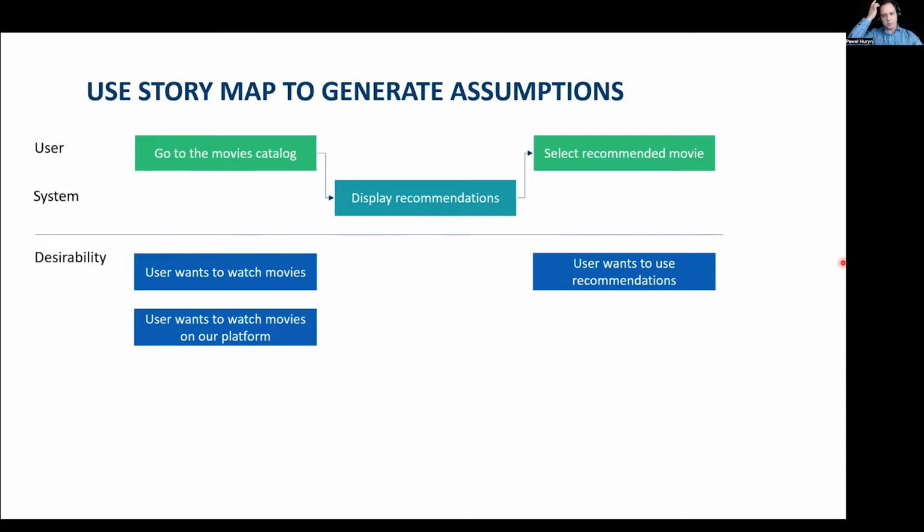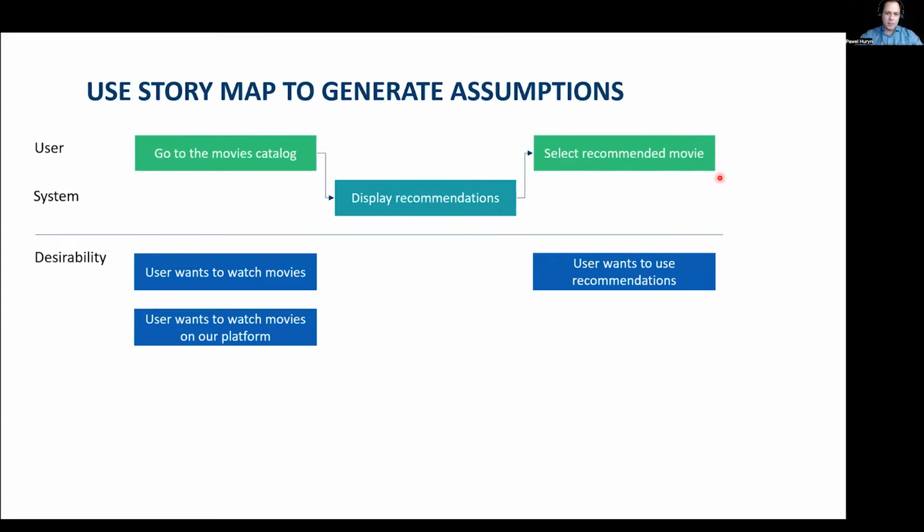So value or desirability. The assumptions for the first step may be that the user wants to watch movies at all, or they want to watch movies on our platform. This is something that we can test, because maybe they want to watch movies on YouTube, not on Netflix.